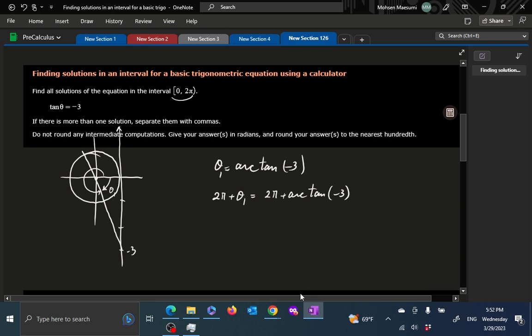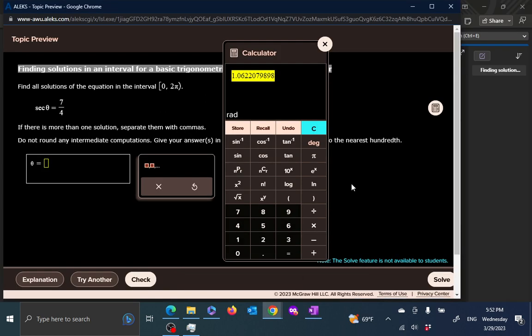So let's have 2 times pi plus arctangent of minus 3. I get 5.03. When we round, this is 5.03. So that's one answer.